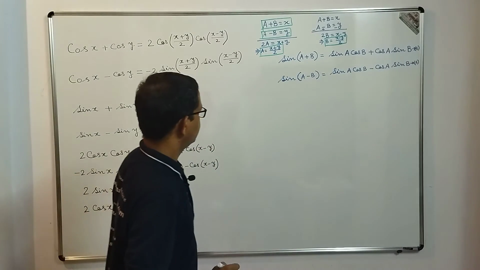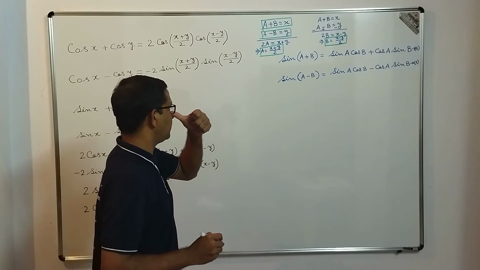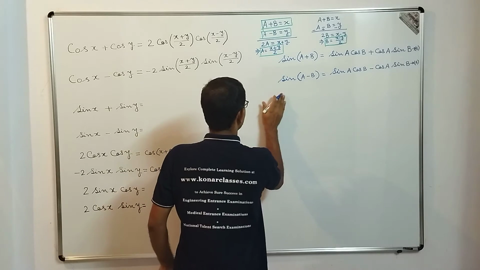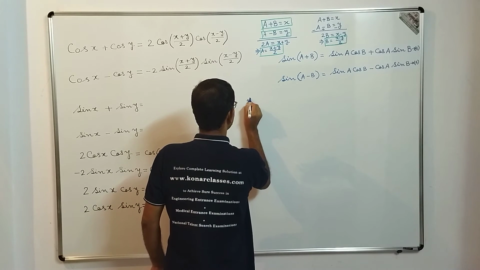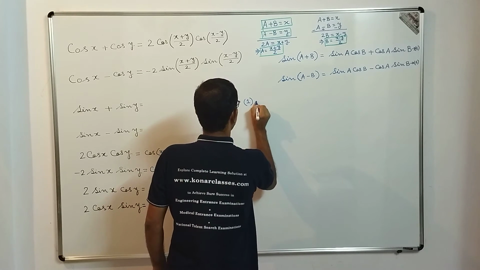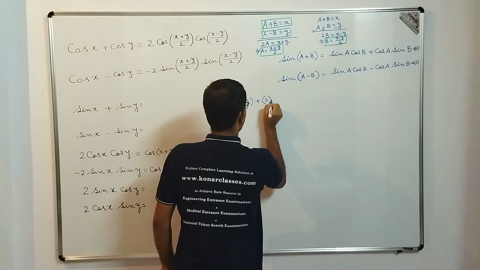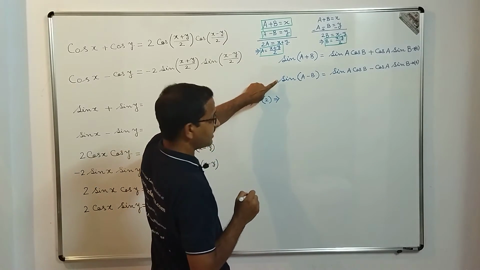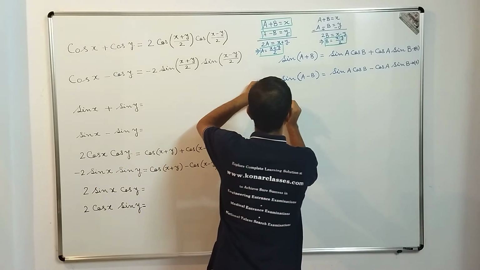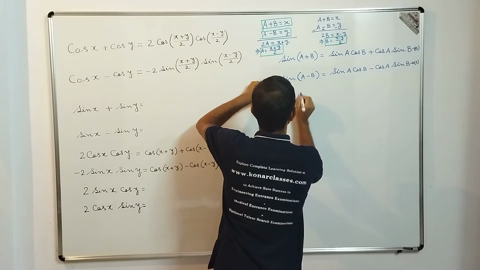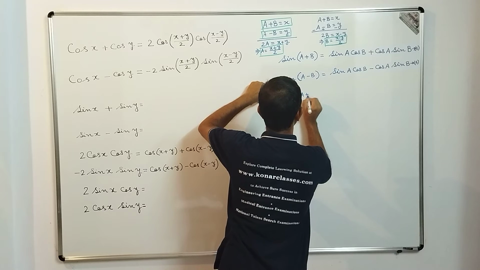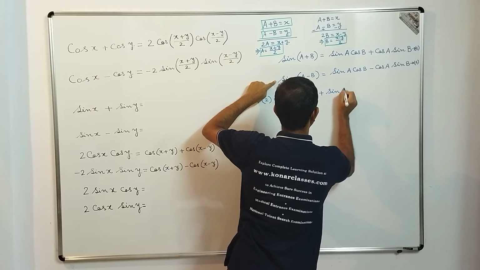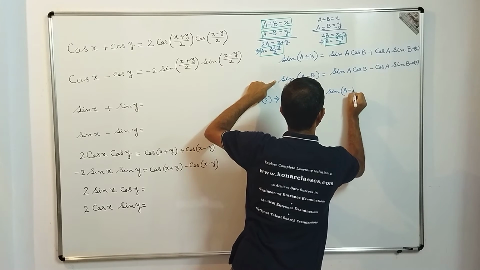Now dear students, we are going to add both sides of equations 1 and 2. On the left hand side we get sin (a plus b) plus sin (a minus b).